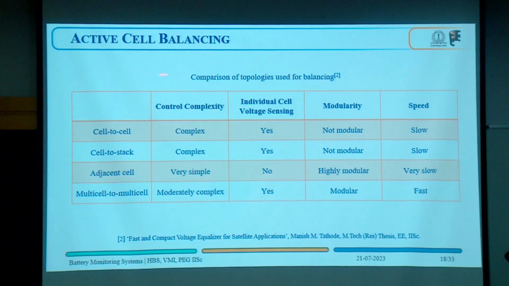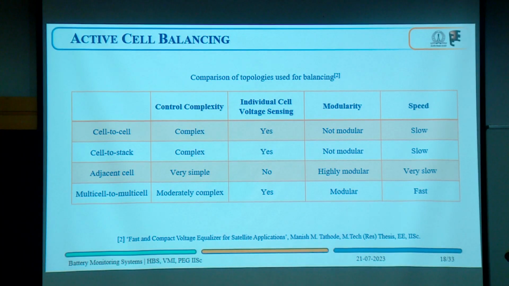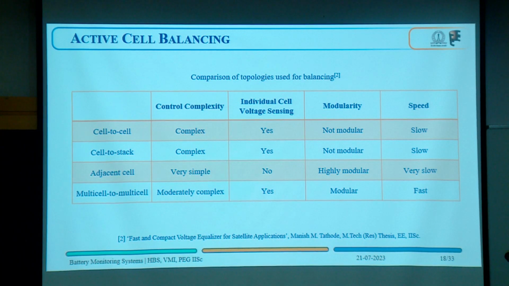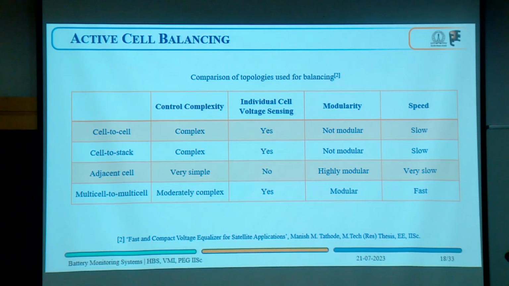So this is a comparison of the various algorithms or topologies that are being used for cell balancing. This was compiled by one of the MTech research students in our department who was working with Professor Vinod. He did a survey, and based on that he compiled it into his thesis.